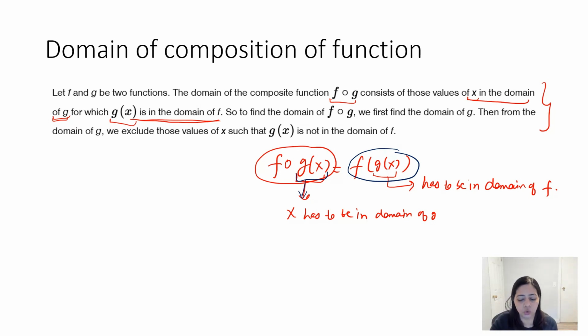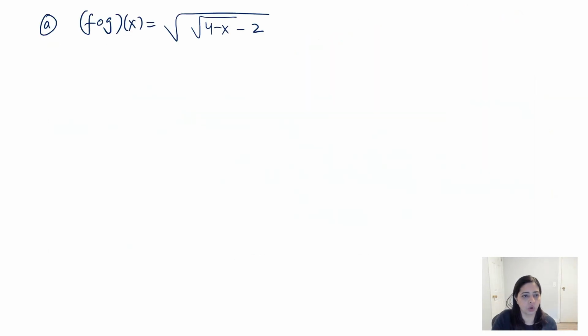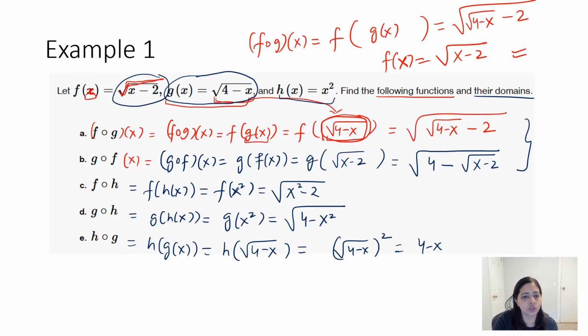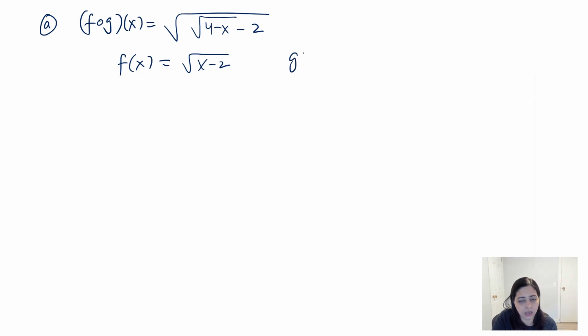Now how to do that in the example? There are two ways. You could process it from the evaluated function, or you could just process it from the individual functions. So let's see what we get. f(x) is square root of x minus 2 and g(x) is square root of 4 minus x. So g(x) being the inner function, let's first find the domain of g(x).